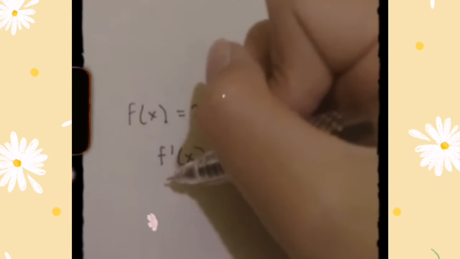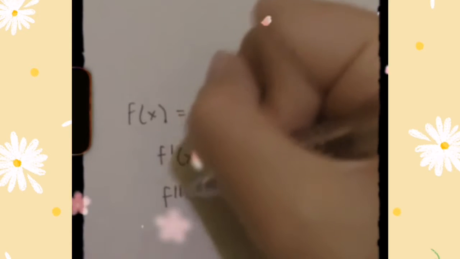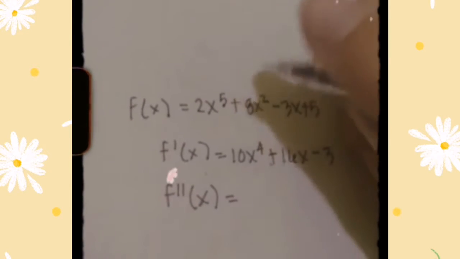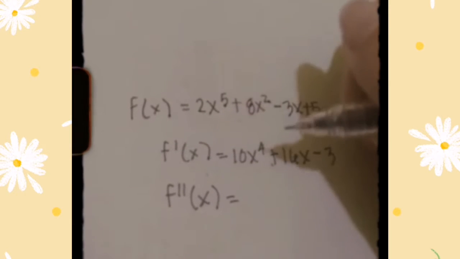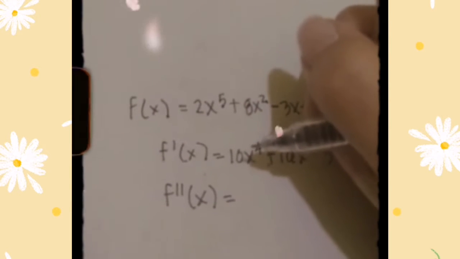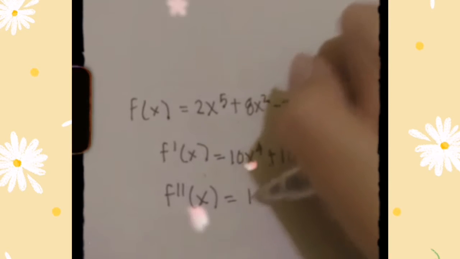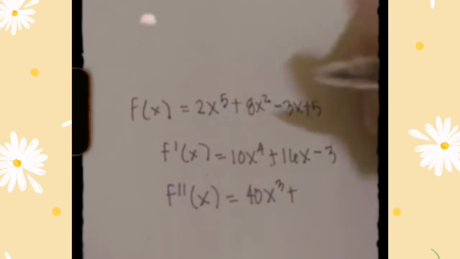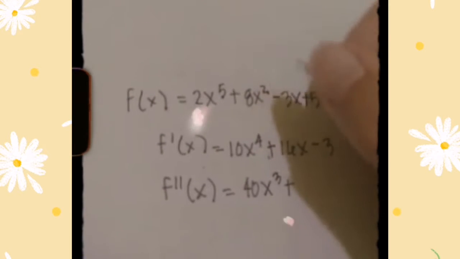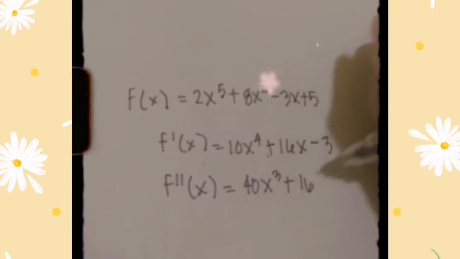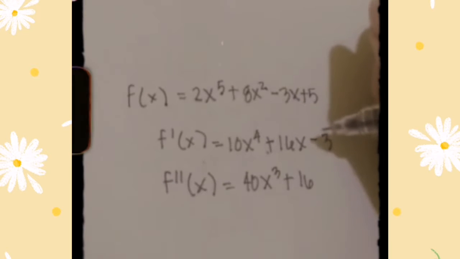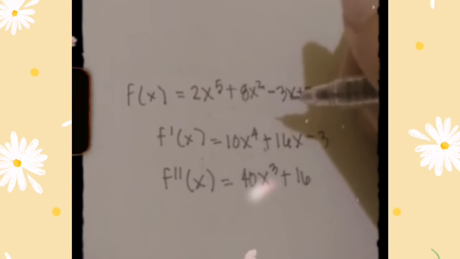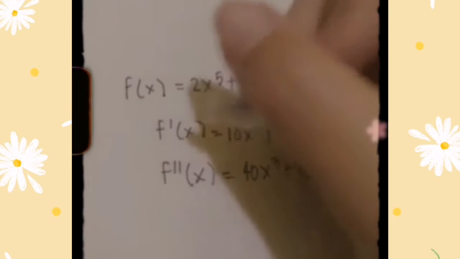So the second derivative, or f double prime of x, is equal to the derivative of 10x to the power of 4. So this will be 40x cubed plus the derivative of 16x, which is 16, then minus the derivative of 3, which is 0. Again, we do not need to write the 0.